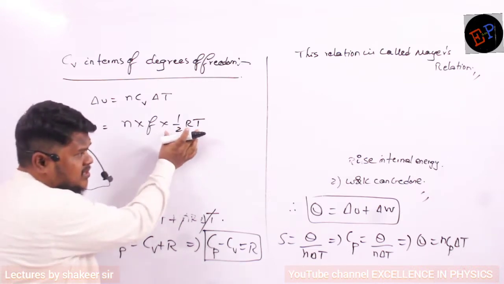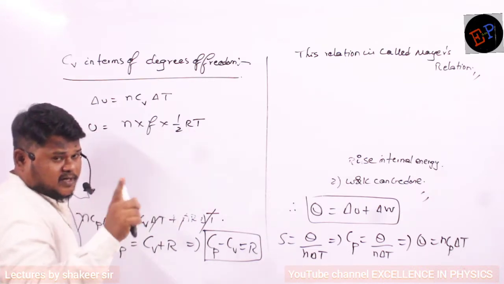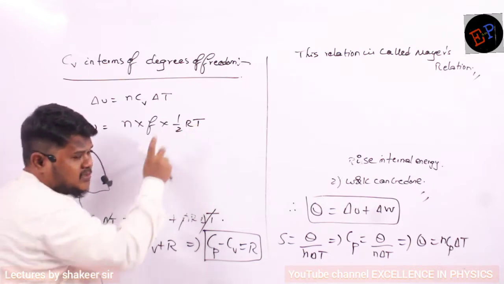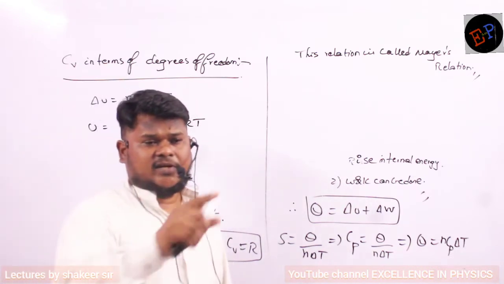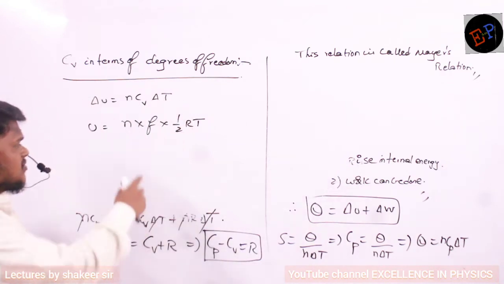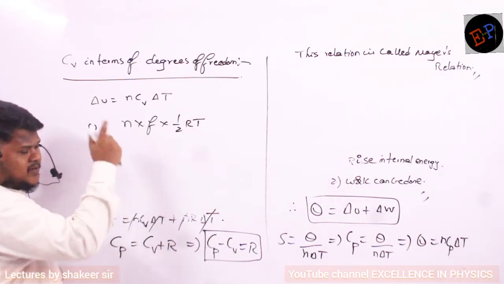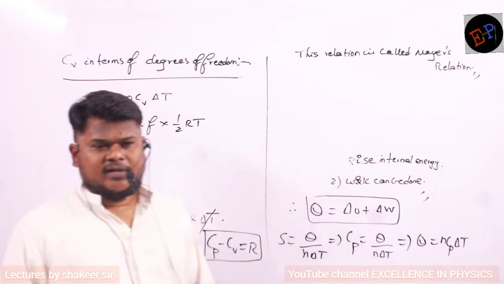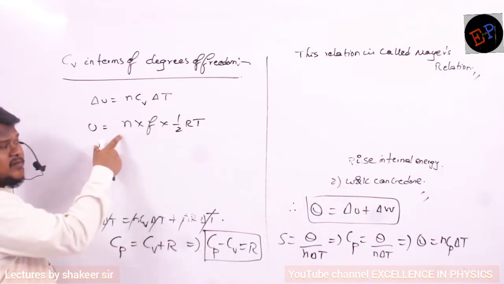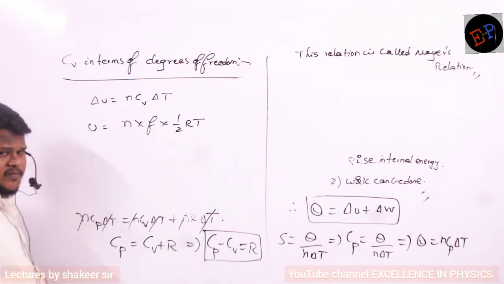Half RT is the energy of 1 mole of gas molecules for each degree of freedom. How many degrees of freedom? F. F depends on whether it is a monoatomic gas, diatomic gas, or triatomic gas. All this we have studied previously. And n number of moles of gas is present.